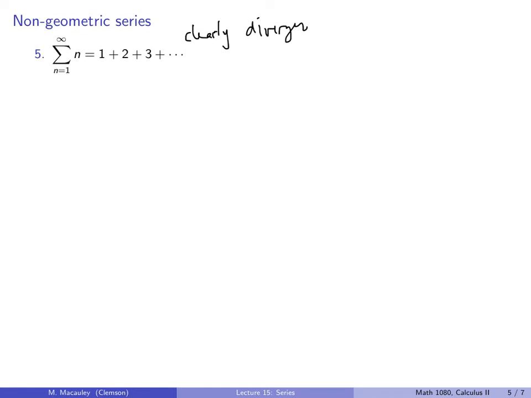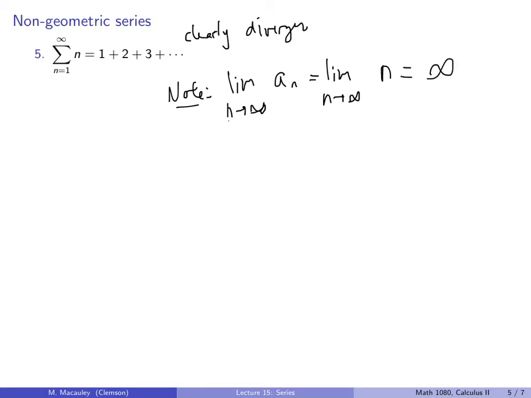And note that for this series, if I take the limit as n goes to infinity of the terms, this is just the limit as n goes to infinity of n, which is infinity. So, in other words, the terms, say a_n, do not go to 0. So there's no way this thing can converge.